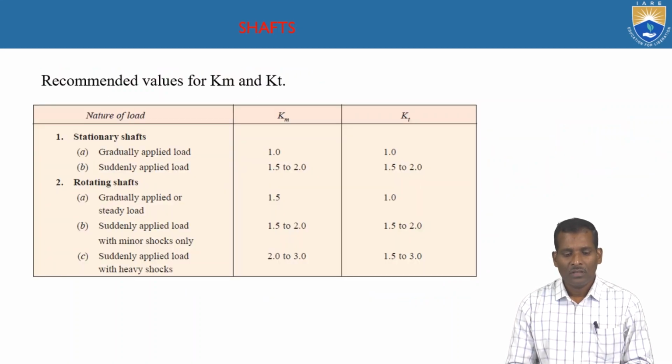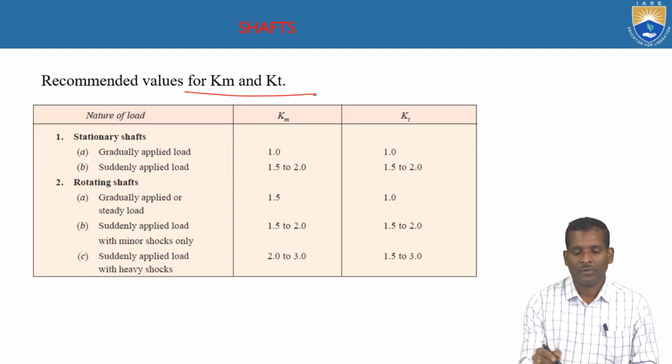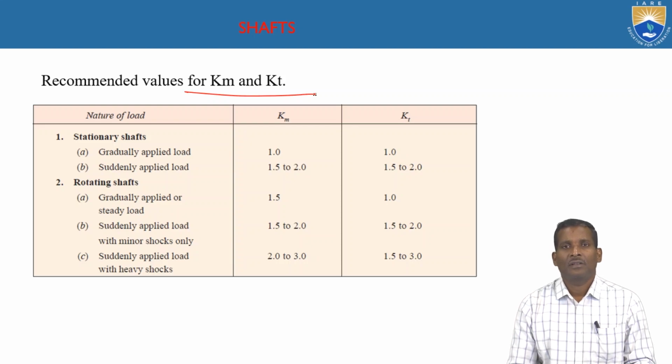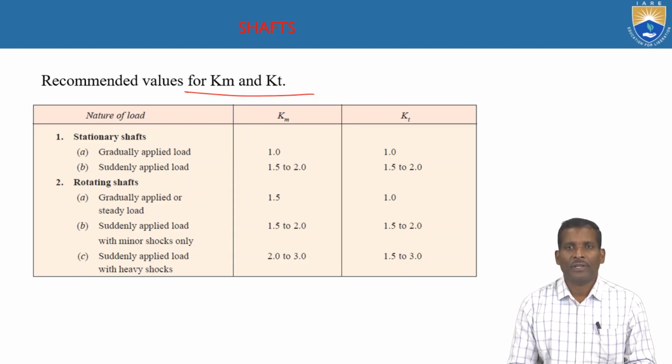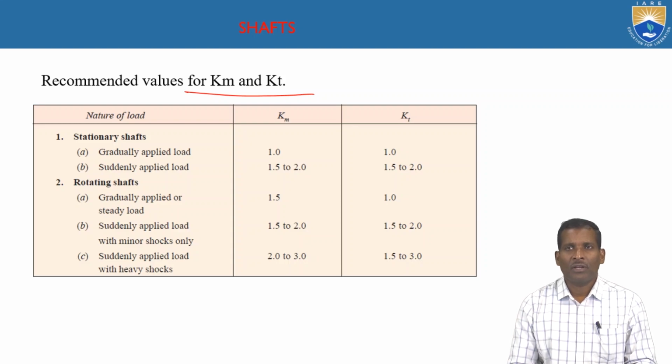Now we will see the recommended values for Km and Kt, the bending moment fatigue factor and twisting moment fatigue factor. They depend on the nature or type of load. In the case of a stationary shaft, the Km and Kt values are listed like this.